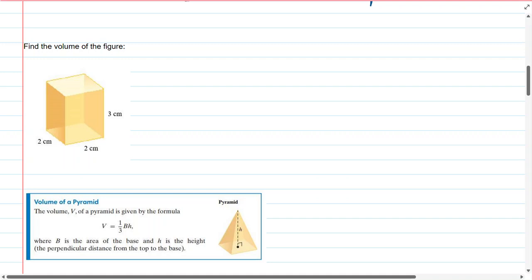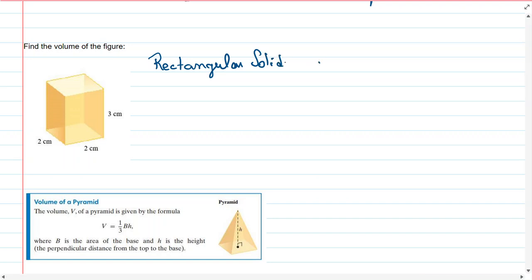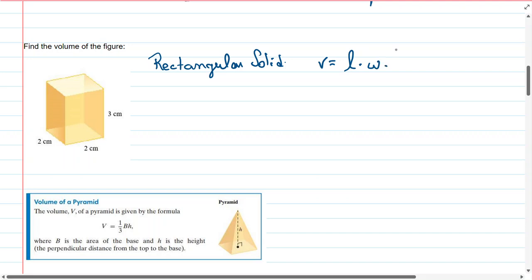We notice it's a rectangular solid. So we know that volume is length times width times height. So 3 is my height, 2 can be my length, and 2 is my width.